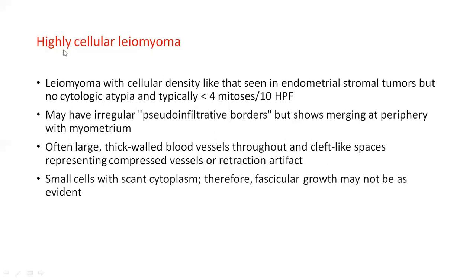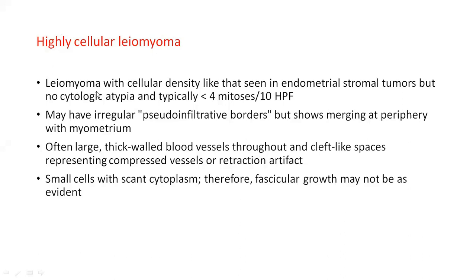And now discussing the subtypes of the leiomyoma. The first is the highly cellular leiomyoma. As the name implies, it will be a leiomyoma, but here the number of cells will be higher.